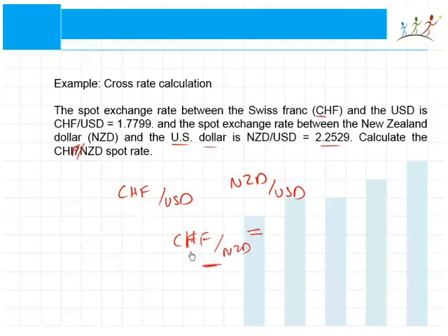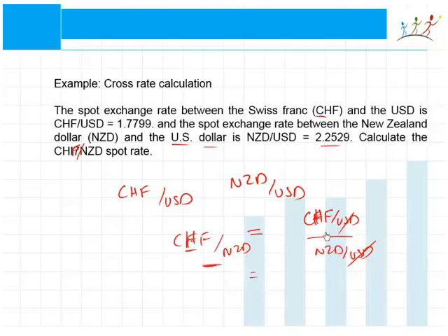So in this case, we know we need CHF in the numerator. So we'll start with CHF to USD, and then we need NZD in the denominator. So because NZD is in the numerator here, we'll have to divide, because multiplication will not help our cause. So if we divide NZD by USD, we see USD gets cancelled and we get CHF by NZD.